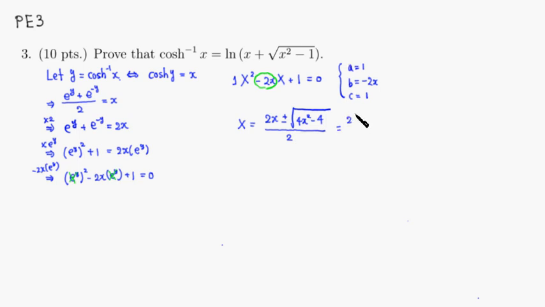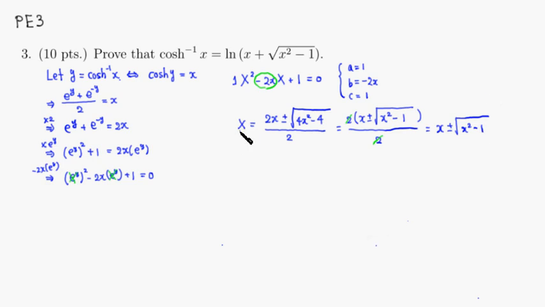Here's the 2 factored out, then you have plus or minus the square root of x squared minus 1 left over, divided by 2. Then we can cancel the 2 on top and the 2 on the bottom, so you end up getting x plus or minus the square root of x squared minus 1.